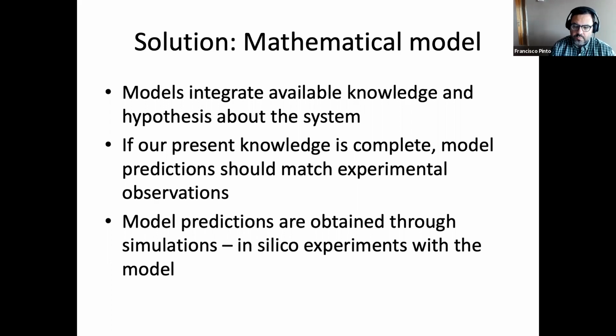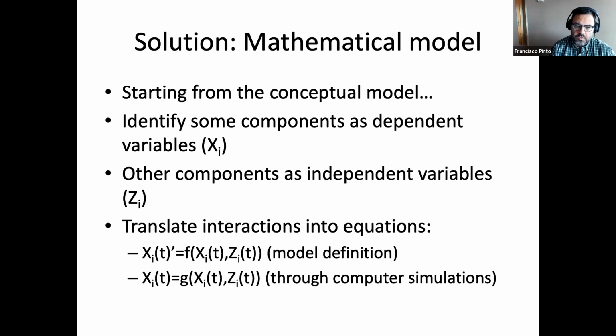Okay, so normally we have to start from the conceptual model. We have to identify in that conceptual model what are the components that we want to include in our model. Some of those components are going to be dependent variables. We call them dependent because their behavior is going to be defined by the model equations.